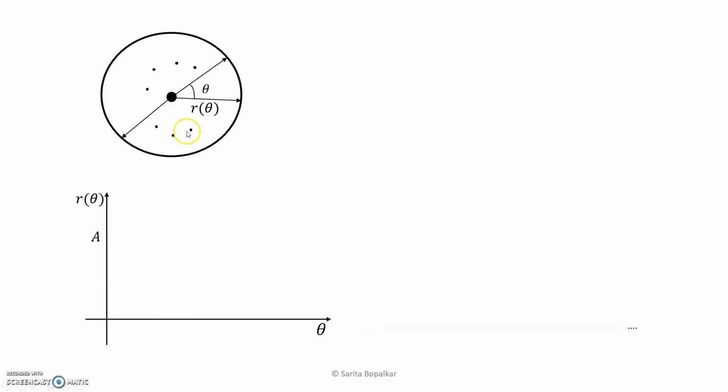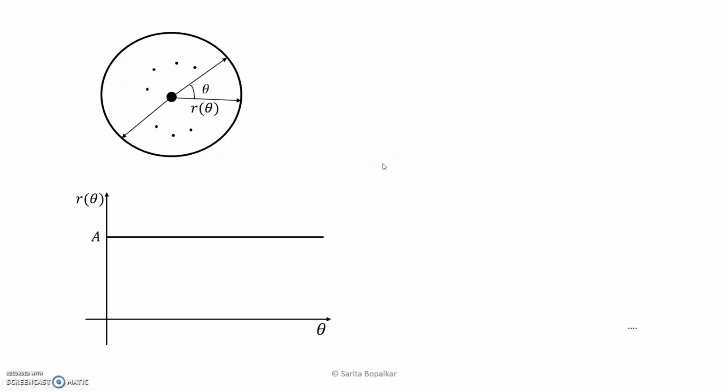But it is a circular shape, so r of theta is the radius and it remains the same throughout theta. So you will get a line parallel to the horizontal axis as the signature. So this is the one-dimensional representation of this two-dimensional curved boundary of the object.